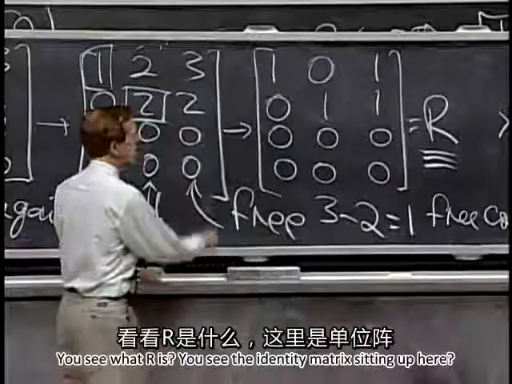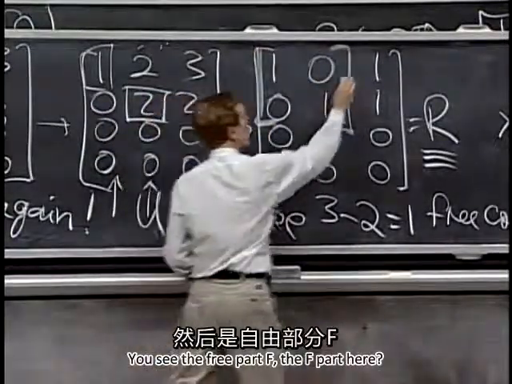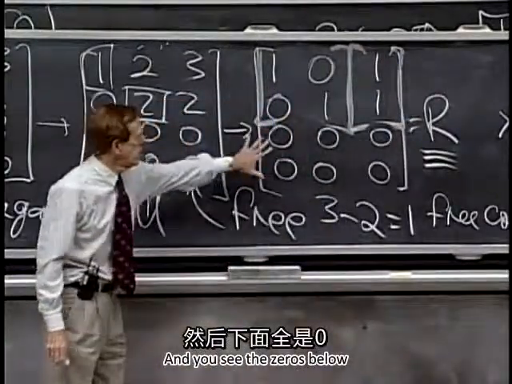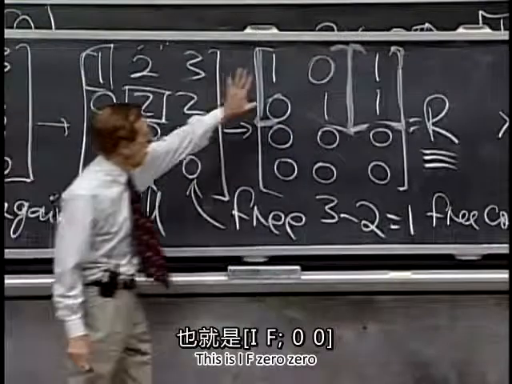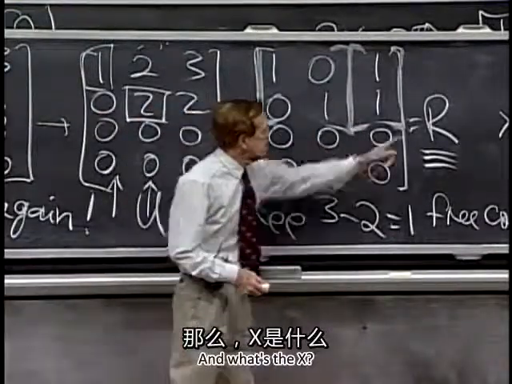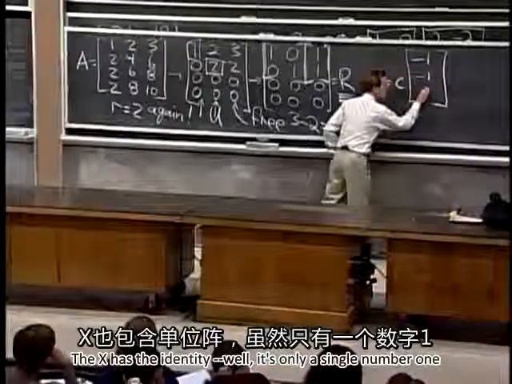You see what R is? You see the identity matrix sitting up here? You see the free part F here? And you see the zeros below. This is I, F, 0, 0. And what's the X? The X has the identity.